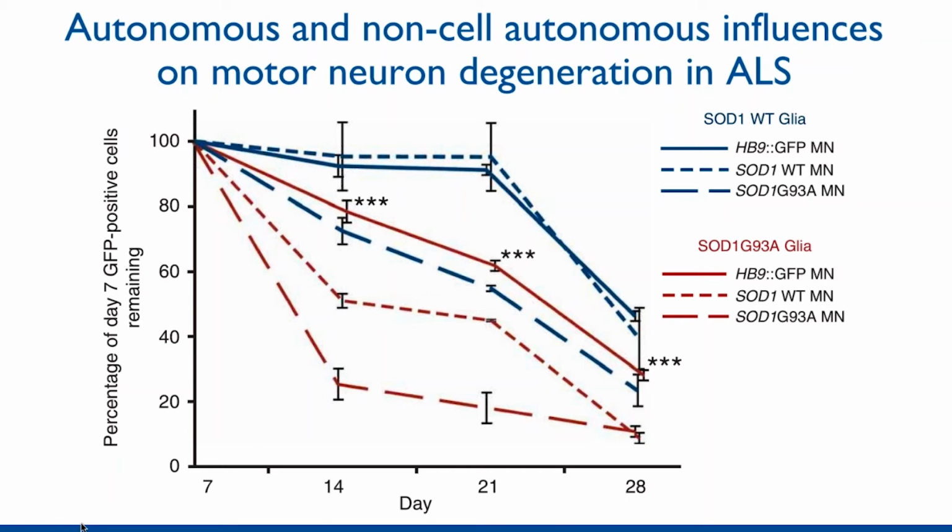So in these experiments, we revealed that there were both cell intrinsic changes to motor neurons based on their disease genotype, which precluded their normal survival in culture. But on top of that, we also found that there were these cell extrinsic cues that came from other cell types, which seemed to be participating in this in vitro model of degeneration.